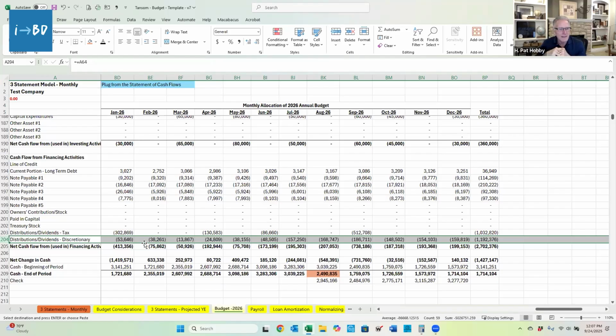Is this asset that I own able to give me a return on my money? And being able to project this helps you make decisions.